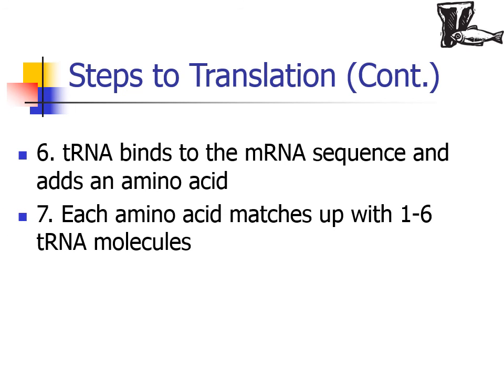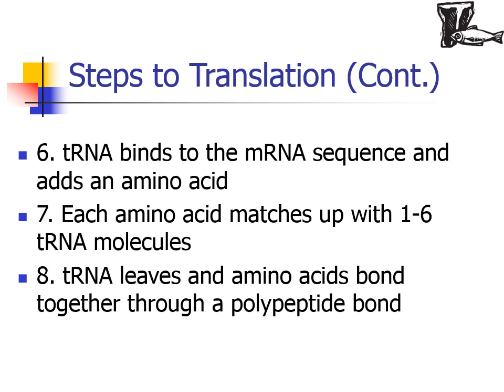Each amino acid matches up with 1 to 6 tRNA molecules. So as we discussed, there's 64 different codons, which means there are at least 64 different transfer RNA molecules. And as we've discussed, there are repeats, so there's multiple transfer RNAs that will have serine or have methionine on them.